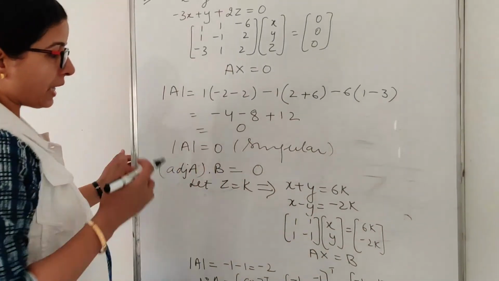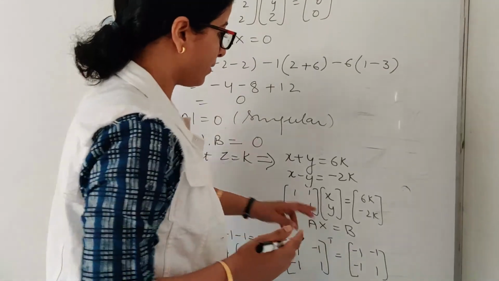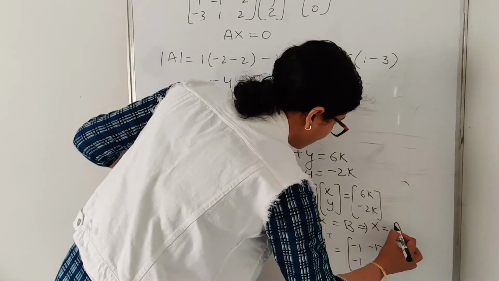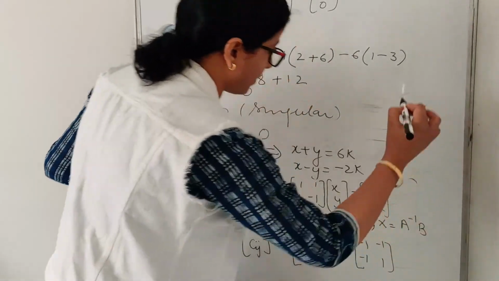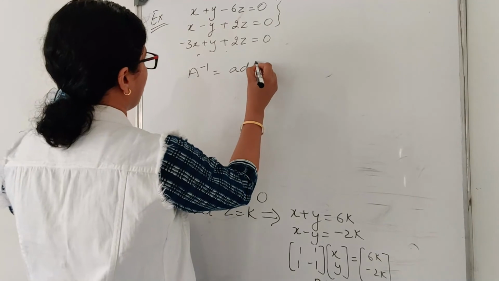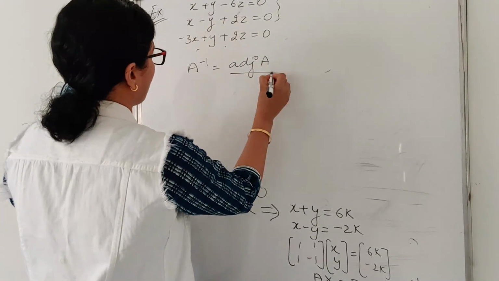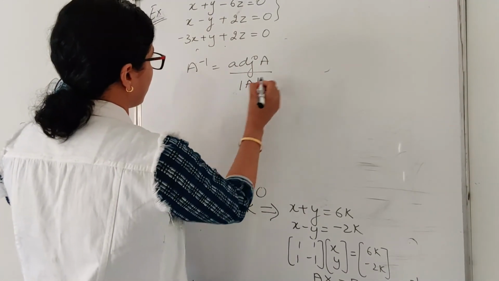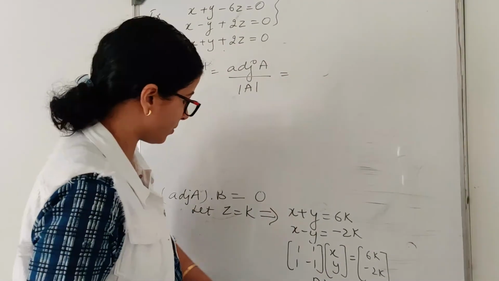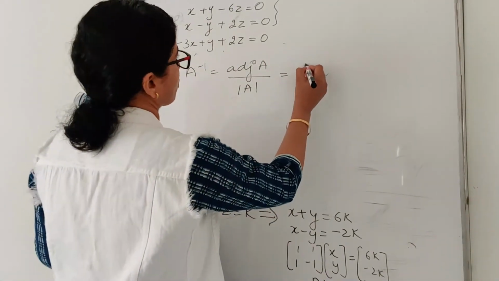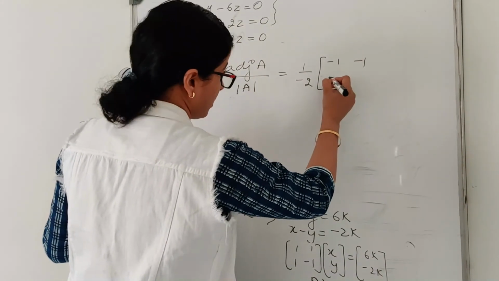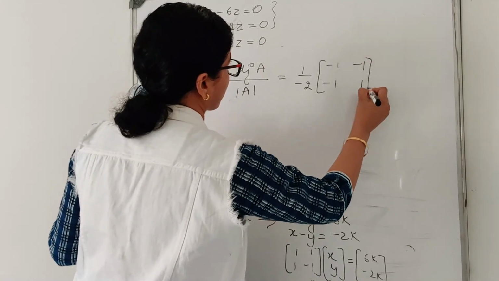Okay. Now I have to find x. What is my x? A inverse B. A inverse is equal to adjoint A by determinant of A, right? So what is my adjoint A? This matrix. What is my determinant? Minus 2. So 1 upon minus 2 times [-1, -1; -1, 1].